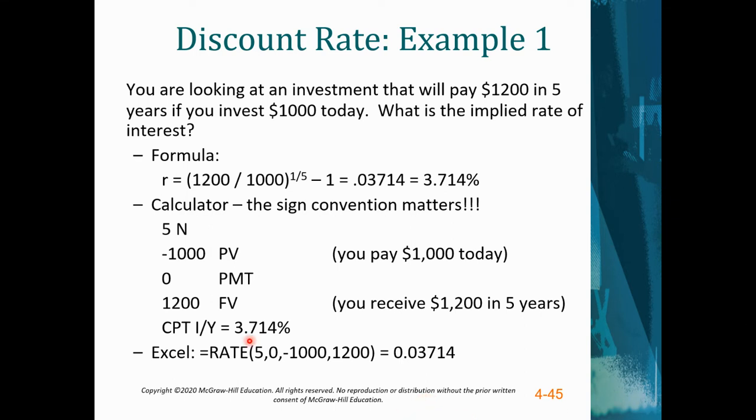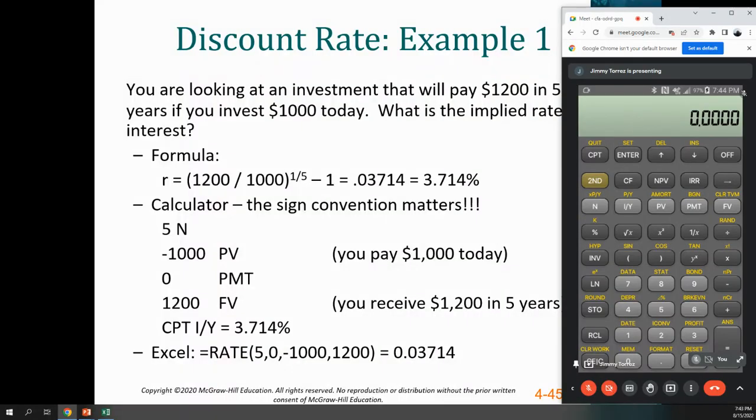Let's do the formula on the calculator. My future value is 1,200 divided by 1,000, and that equals 1.2.